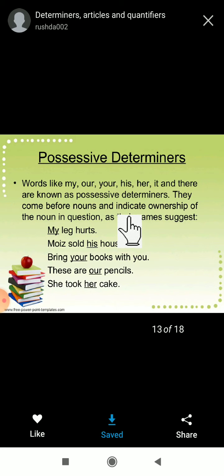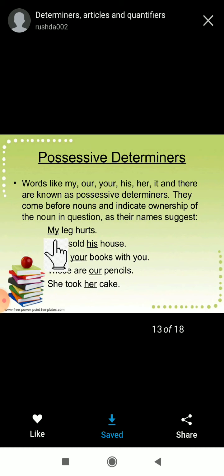Now the second type, that is possessive determiners. Words like my, yours, his, her, its, our, their are known as possessive determiners. They come before a noun and indicate ownership of the noun in question, as the name suggests.